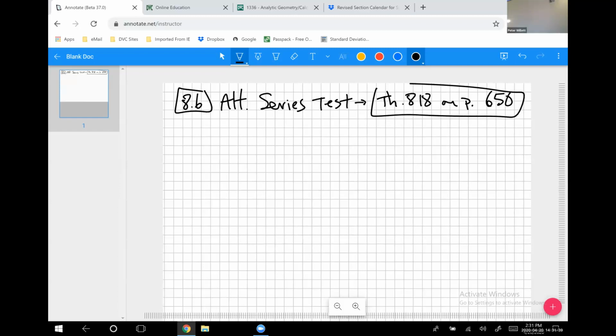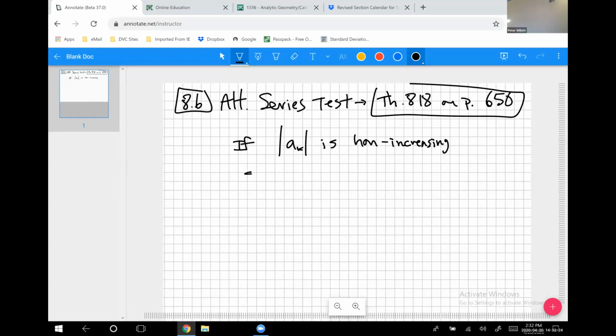And basically what it said is that if the series alternates, it will converge as long as the terms of the series have magnitudes that are non-increasing, magnitude meaning absolute value. So if the absolute value of a sub k is non-increasing, that just means that they never go up in value. They could stay the same for a while and then decrease as much as they want, but they never go up in value.